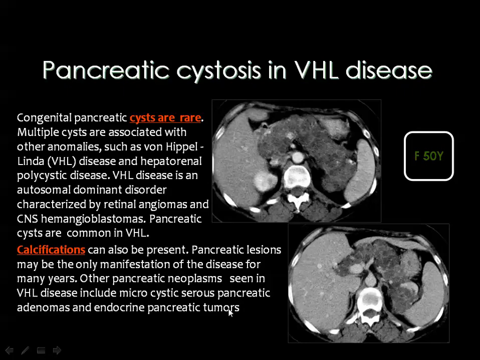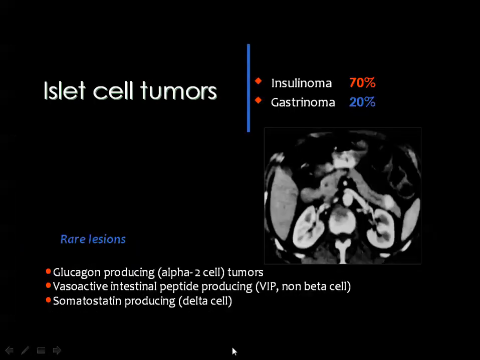But remember that congenital pancreatic cysts are rare, and cysts usually seen in the pancreas, especially if they are numerous like in this case, are usually associated with the well-known von Hippel-Lindau disease. If you see multiple small cysts affecting the whole pancreatic tissue and the pancreas is grossly enlarged, then you may suspect the possibility of von Hippel-Lindau syndrome or disease.